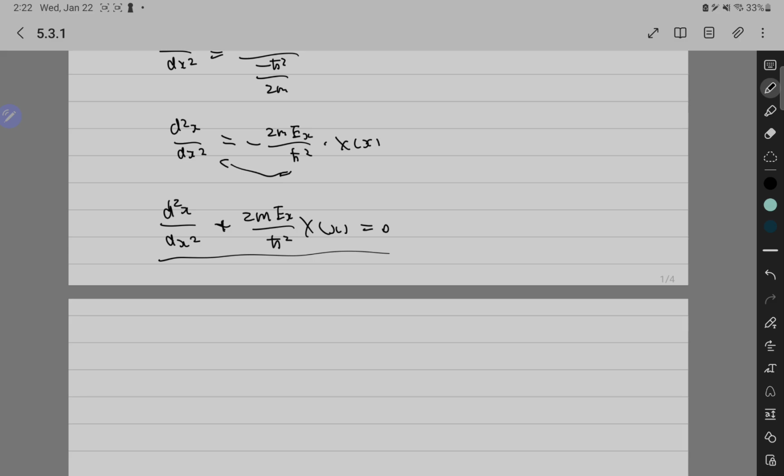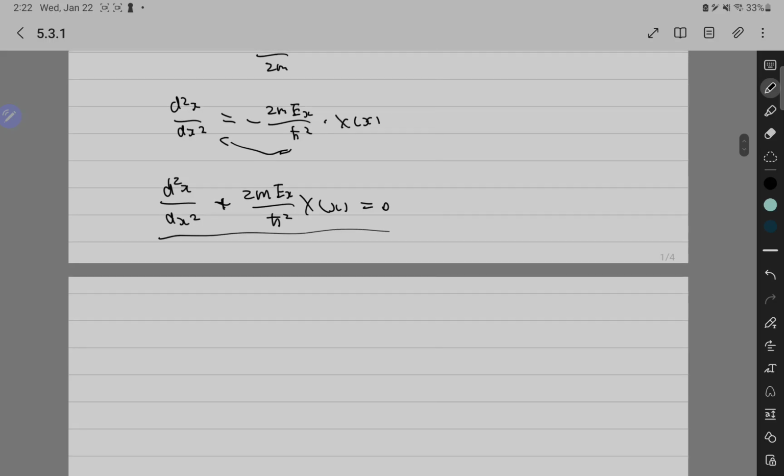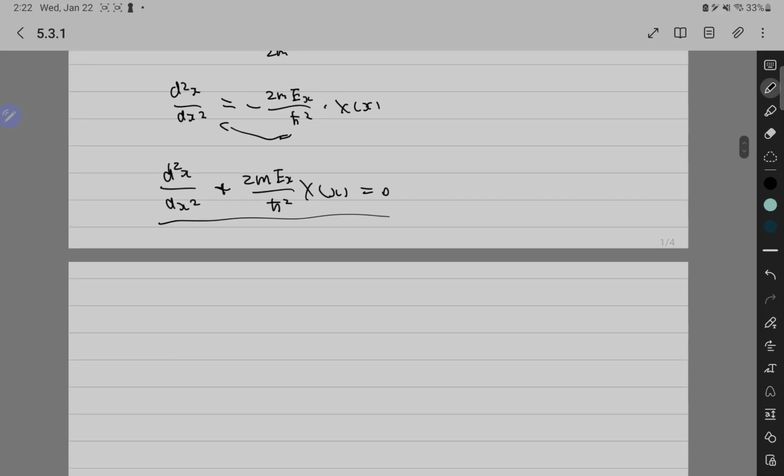So the solution to this is that if we can define a variable here called kx, which is gonna be whatever we have here. So kx squared is gonna be equal to 2m Ex over h squared.